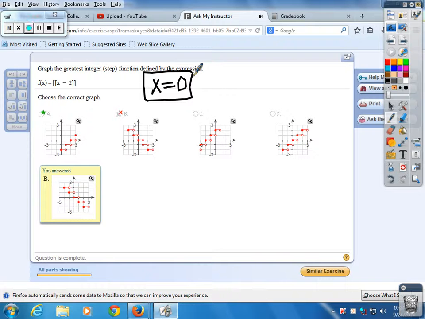Most of the time, unless otherwise specified. And the step functions are always going to include the first number and then have an open circle on the right side. Unless otherwise specified.